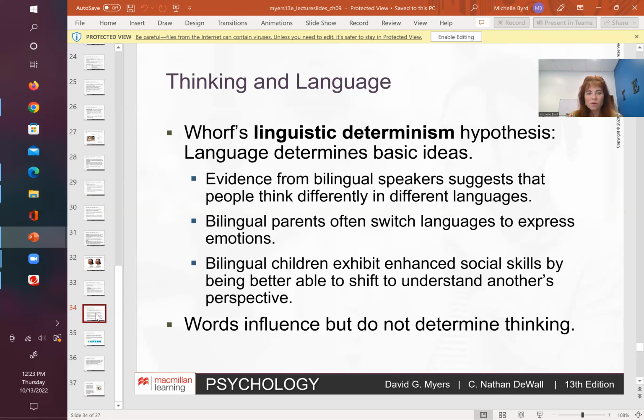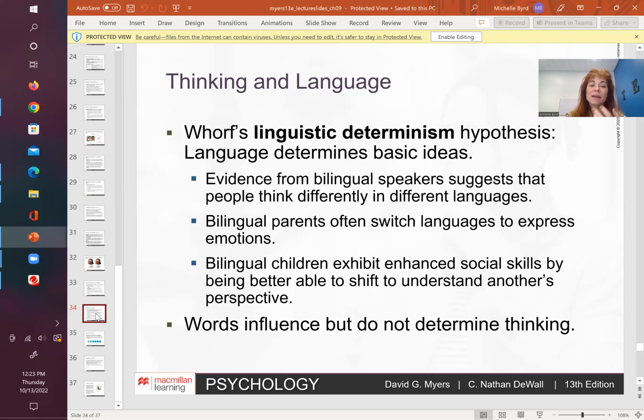And what I will say with this linguistic determinism hypothesis is that most of the people I know who are Spanish speaking, and that is their first language, say that when they hear English, they are deciphering it into Spanish and then bringing it back around.